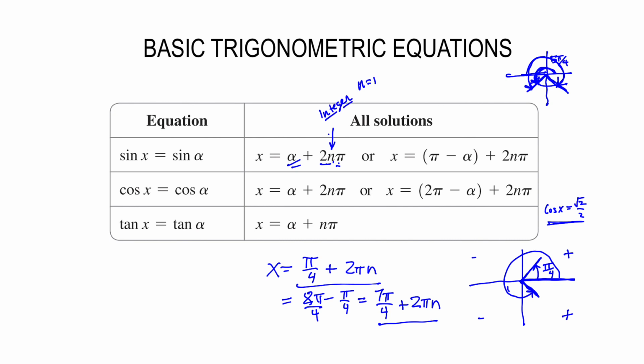For tangent, tangent starts repeating after pi, and so we just have to go the one angle plus n times pi. We don't have to worry about the second one, because for every pi, for example, with tangent, it's positive here, and it's negative here and here.